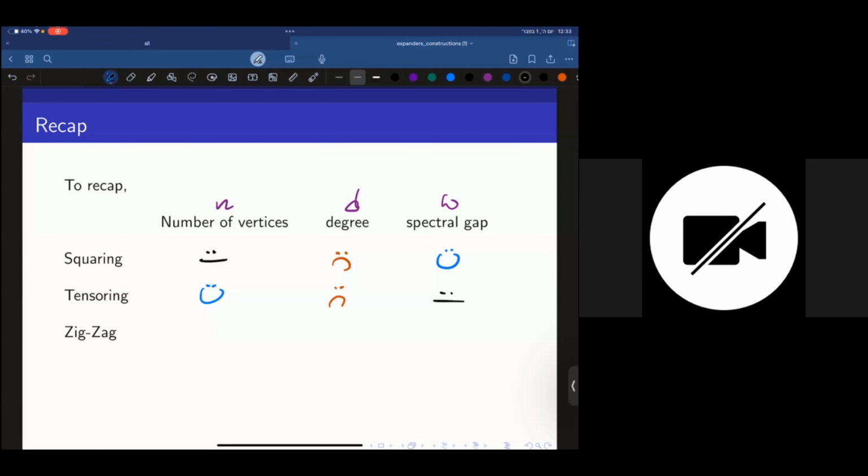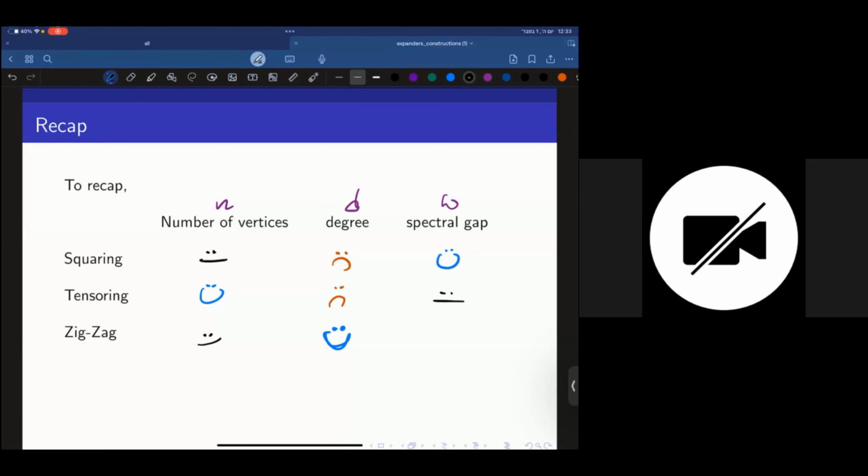So what's missing? Where do we need a happy face? Right, the degree. We want something here. Otherwise, the number of vertices will slightly increase, but we don't mind that so much. You will gain a little bit from that. It doesn't really matter.